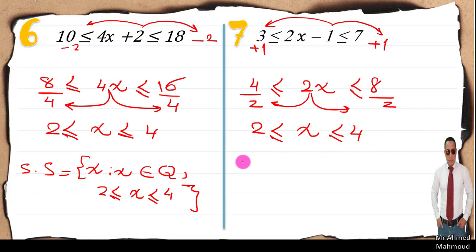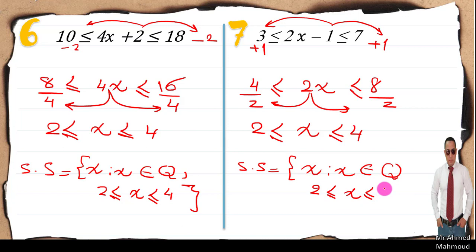Now the solution set: x such that x belongs to Q and 2 less than or equal x less than or equal 4. Okay, the next question.